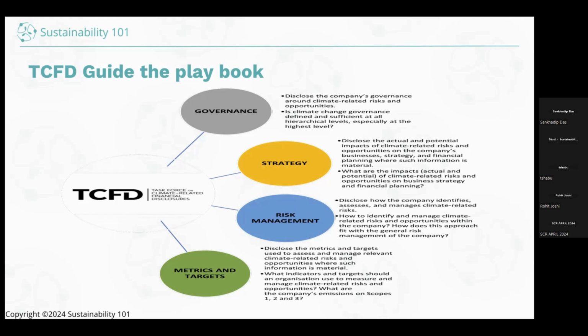So 2, 4, 6, 8, these are the 4 scenarios. And these scenarios will come under the strategy criteria. And under all these 4 scenarios, you need to see what is the impact at 2 degree, 4 degree, 6 degree, and 8 degree on your business strategy, on your financial planning, and on your capability to withstand in all of those cases.